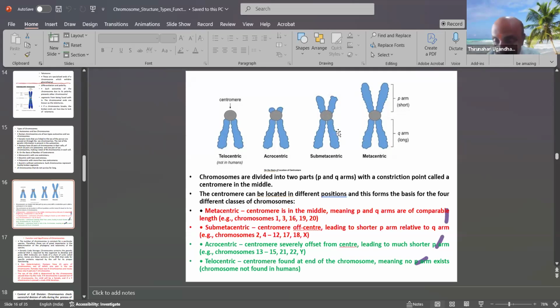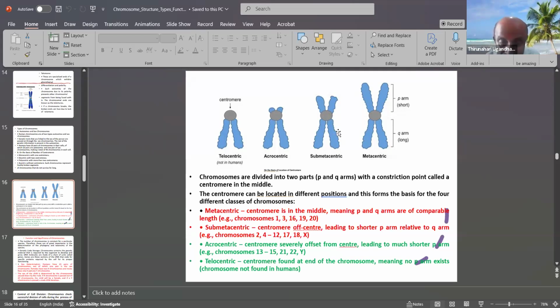V-shaped chromosomes are there. Comparing the length, for example, human chromosomes 1, 3, 16, 19, and 20 are called metacentric chromosomes. Meta means equal: either side of the centromere, two equal arms, the P arm and the Q arm.